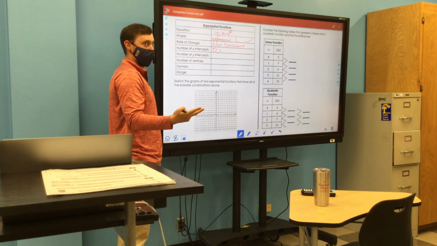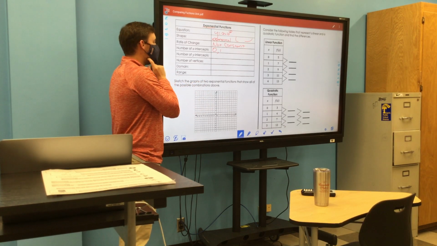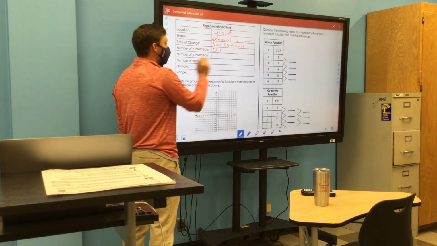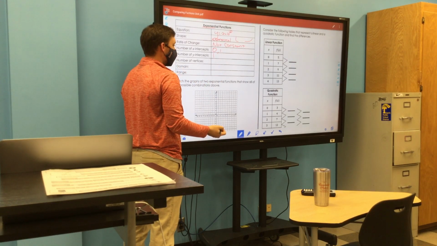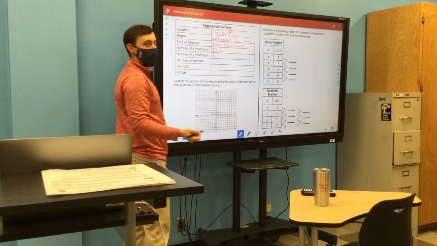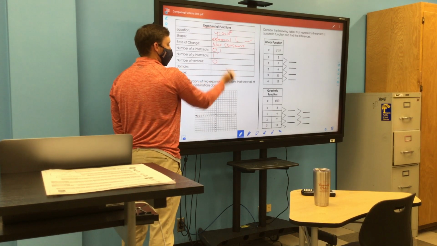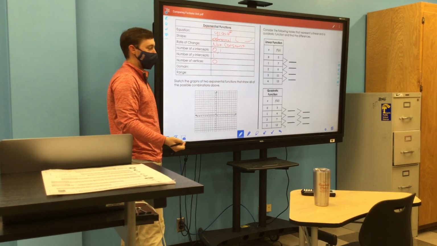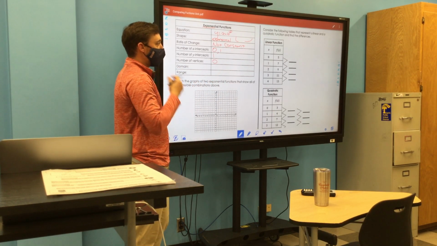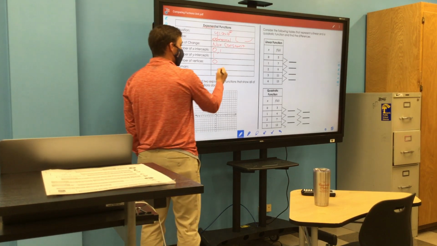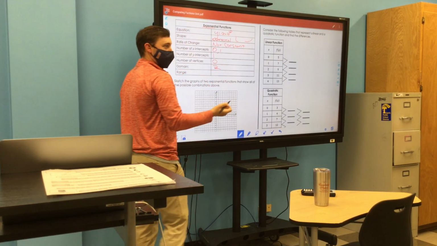That's quadratic. Y-intercepts here, you can only have 1. There are no vertices because there's not a minimum or a maximum. So 0 there. And then your domain is going to be all real numbers every single time.